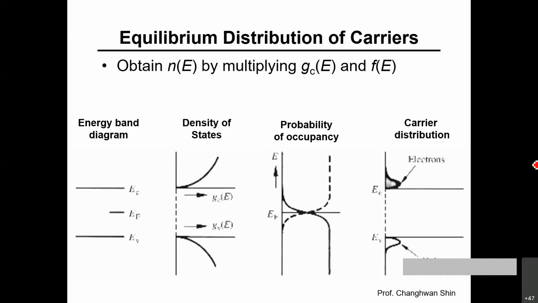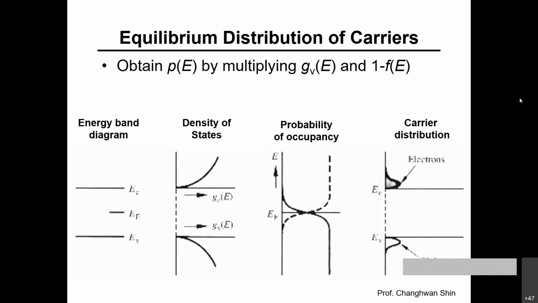So using density of states and the Fermi function, we can obtain how many electrons are available at each energy state, not for all energy levels, but for a certain specified energy state in the conduction band. So now we get the answer. Now let's move on to the next slide.